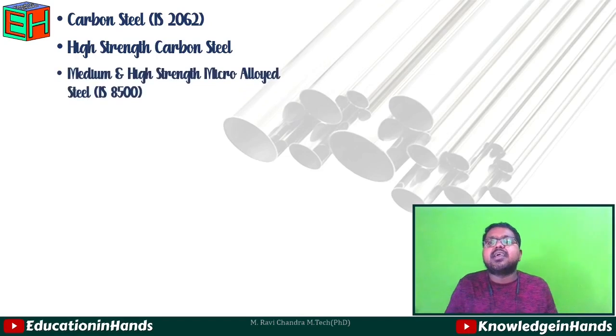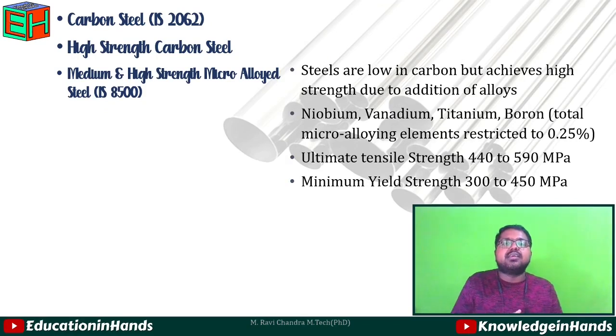Next one is medium and high strength micro alloyed steel according to IS 8500. So what is this steel? These steels are low in carbon content, but they achieve high strength due to the addition of certain alloys. What are those alloys?